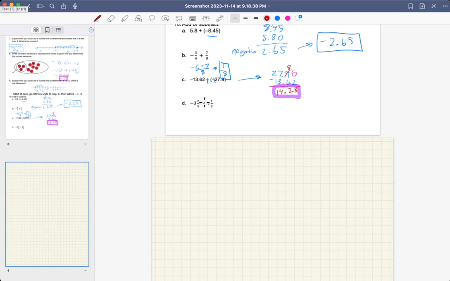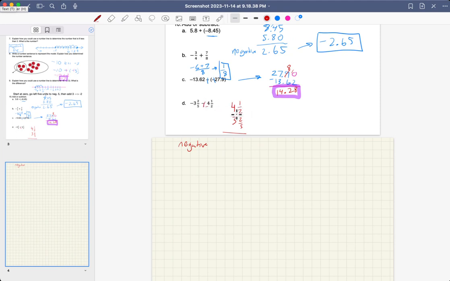When the signs are the same, I can add the numbers and keep the same sign. So same sign, add, keep the same sign. So I'm going to think of this as plus a negative 4.5. So basically I'm going to add that to 3 and 2/5, and then my answer is going to be negative because both are negative.